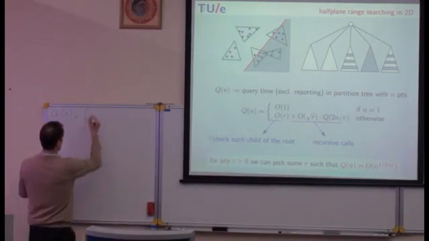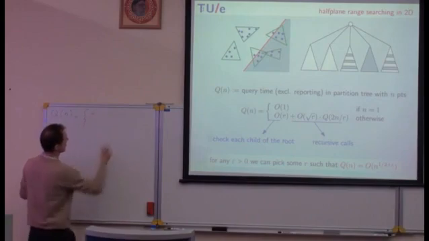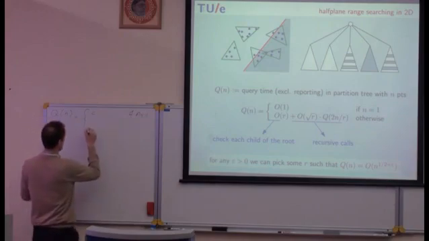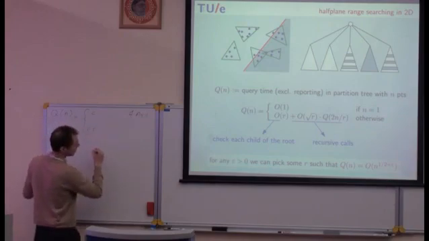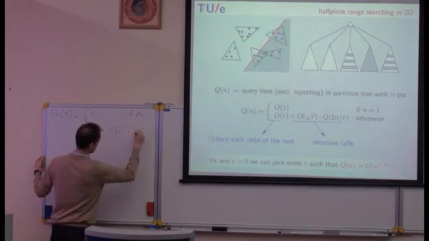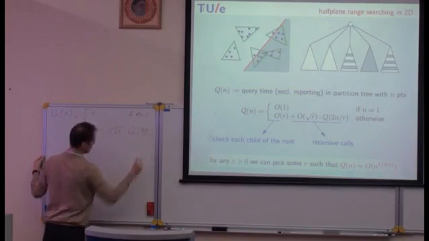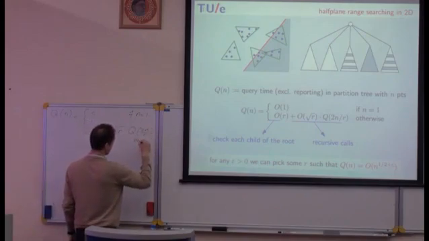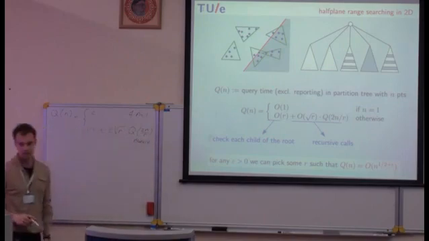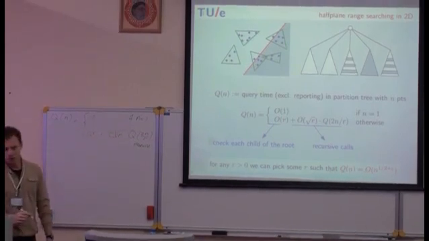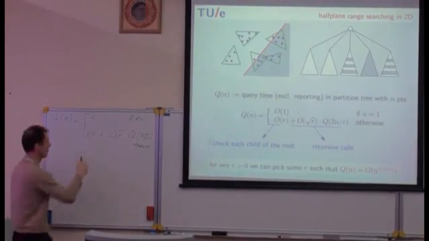So this is at most the constant c if n equals 1, otherwise cr plus c square root of r Q(2n divided by r). Maybe I should write constant 1, constant 2, constant 3, but I can simply take the largest of the 3 and put that everywhere.